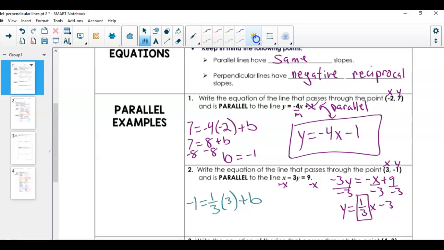Well, 1/3 times 3, since those are reciprocals, not negative reciprocals, this would just be 1. And then I would subtract 1 on both sides.